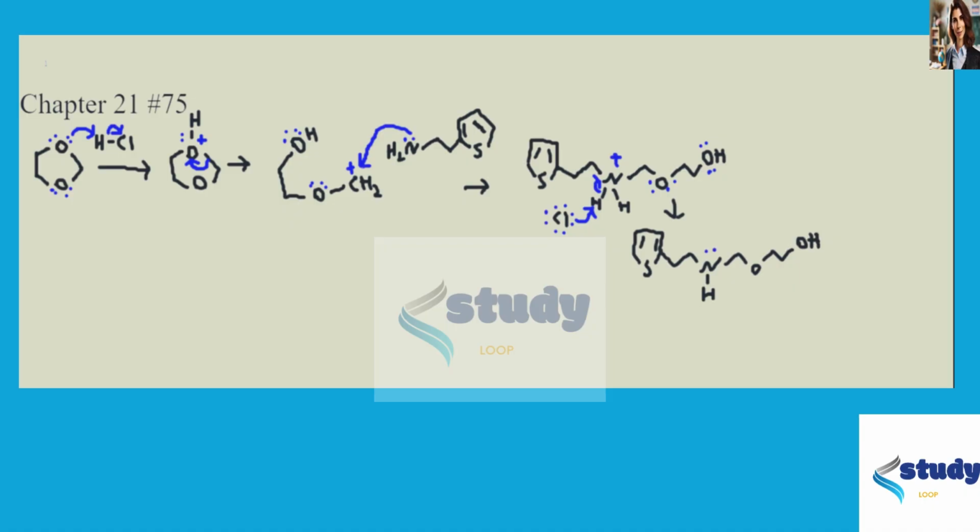So we're back to having a lone pair on our nitrogen now and no charge. And the next thing that's going to happen is going to be protonation of the ether oxygen that we have. And so, again, we'll use HCl for that.